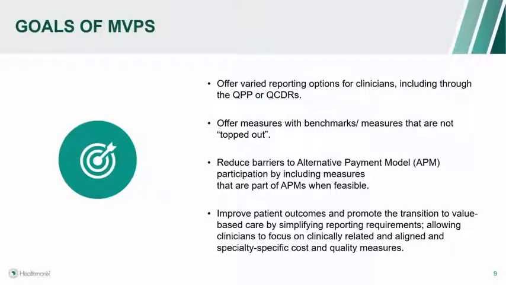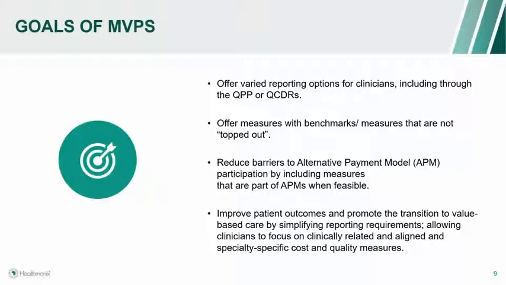So why did CMS create this new framework? They have several goals in mind. In addition to streamlining your reporting method through more focused pathways with smaller subsets of measures and activities, MVPs also offer measures with varied reporting options, including through the QPP site and Qualified Clinical Data Registry, or QCDR measures.